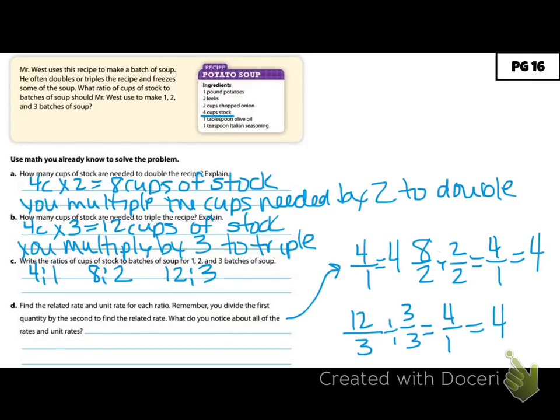So it says, what do you notice about all the rates and unit rates? Well, they are the same. They're all 4 to 1 and 4 for the unit rate.